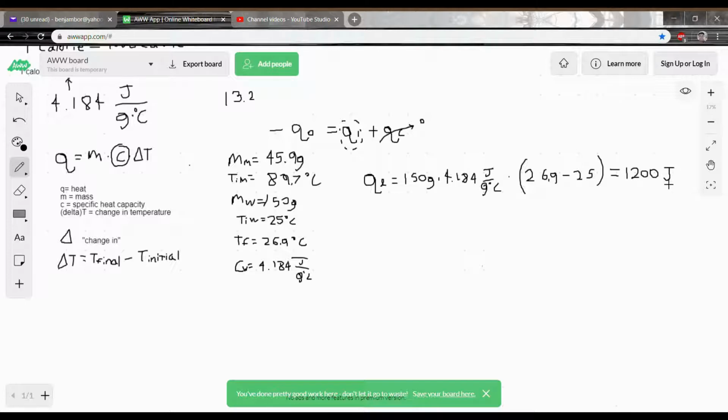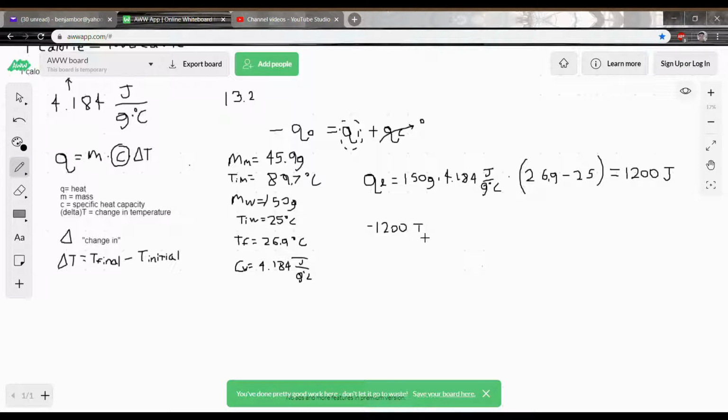That is the heat transfer or energy transfer. Now, we know that at the end of the experiment, the object is going to have the same energy as the water, which means if our heat transfer in water is 1200, our heat transfer in the object is going to be negative 1200.